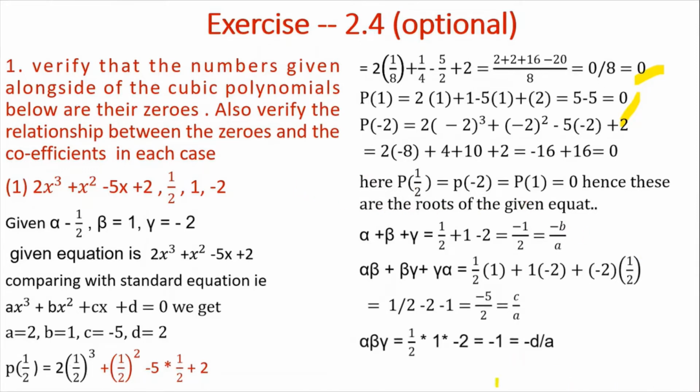So while comparing with the standard equation, we are getting the a, b, c, d values. So while you compare alpha plus beta plus gamma with minus b by a, we are getting the same values. So we can clearly say that the relationship between zeros and the coefficients in each case is also established.